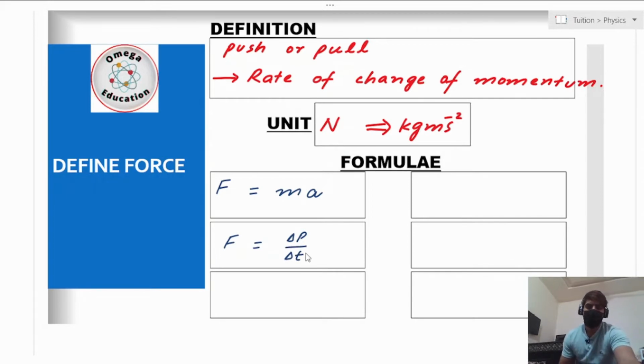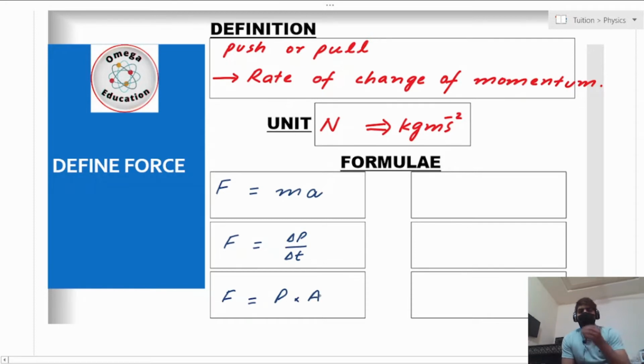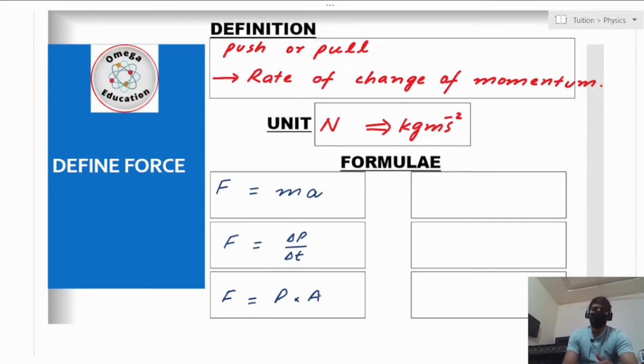This is another formula. Other than that, sometimes we'll have to find force from pressure. We use the formula that pressure equals force over area. Now from there you can rearrange the expression to make force the subject.